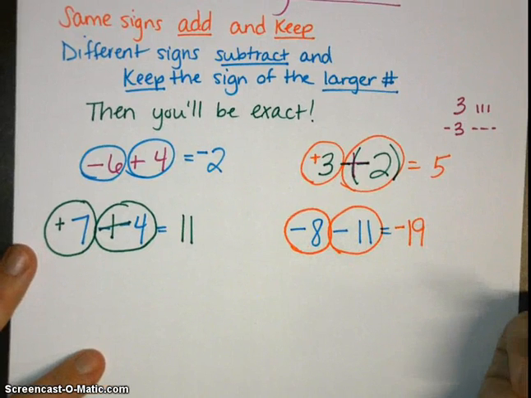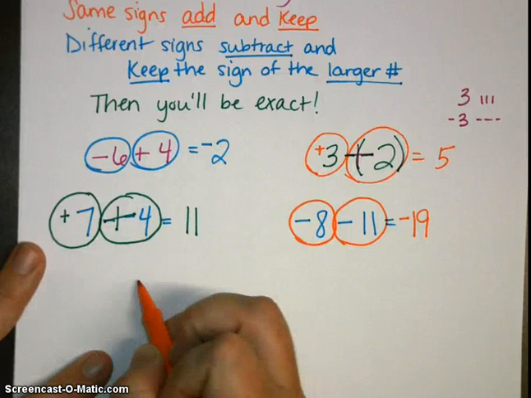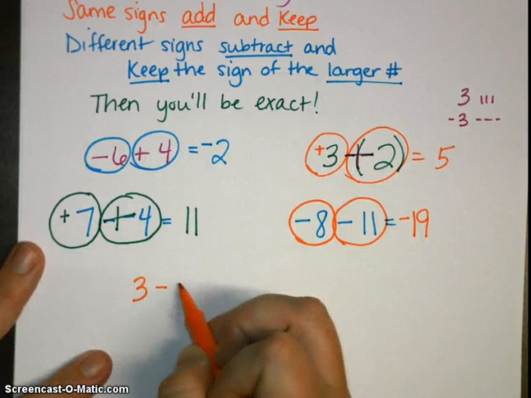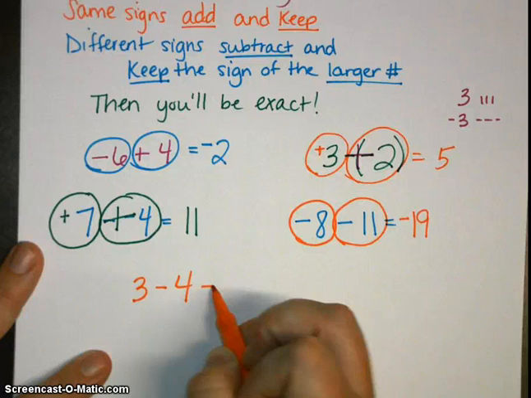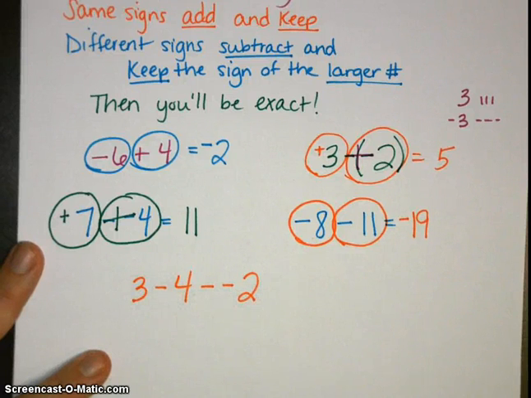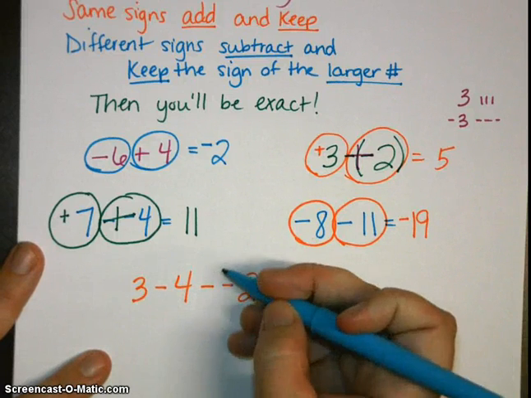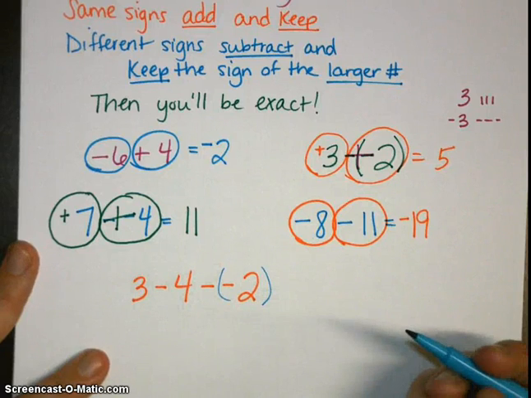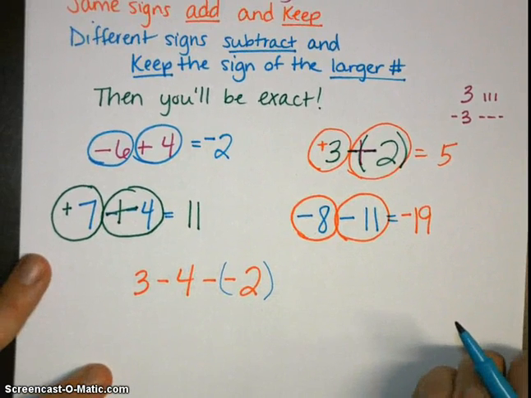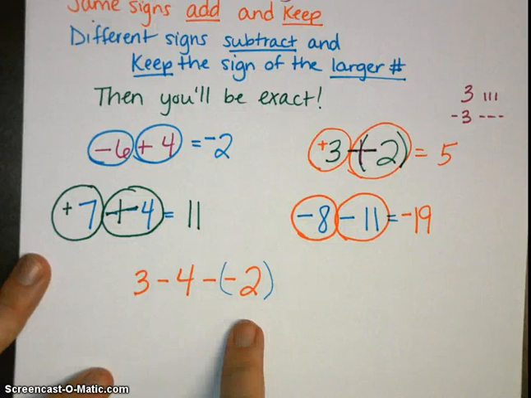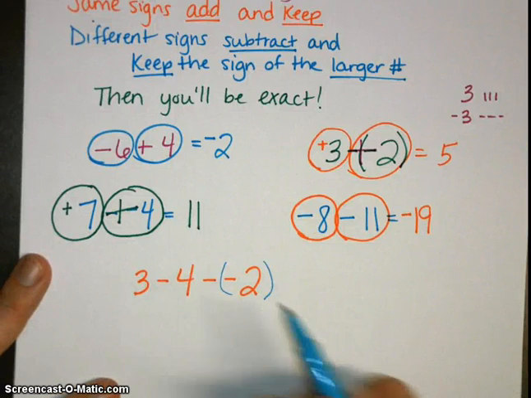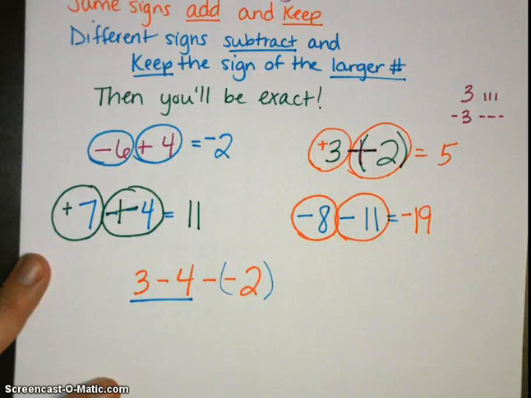Let's look at 3 different numbers together. Let's look at 3 minus 4 minus -2. Again, I could see parentheses here, but it's not necessary, and it could appear either way. Order of operations tells me for subtraction, I do whichever comes first, left or right. So I'm going to start here.